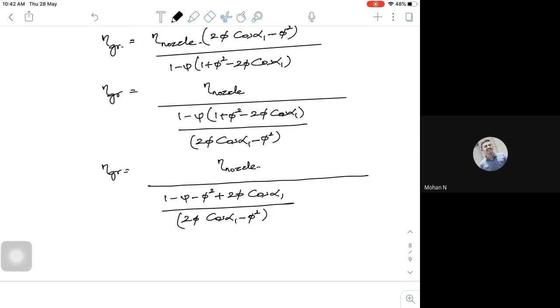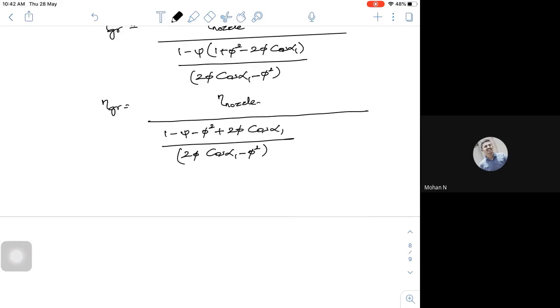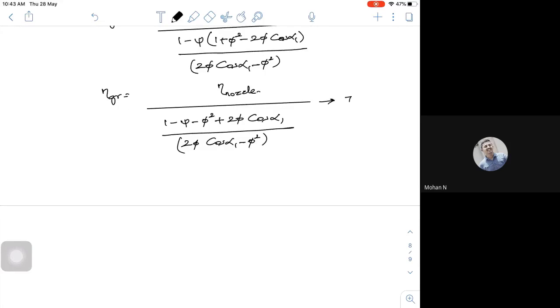Okay. So if I take for each and everything 2 phi cos alpha 1, further simplification you can do, or you can retain as it is. I think you retain as it is, that's better. Further simplification is difficult. So this is your equation number 7.